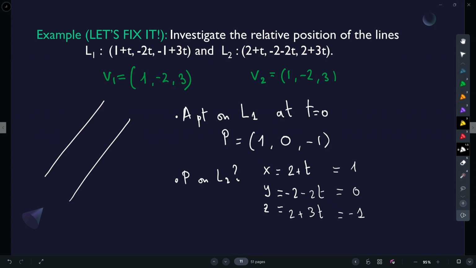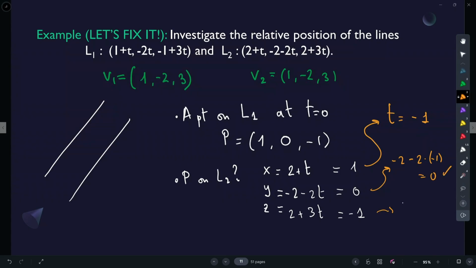So let's see. From this equation, I get that t is how much? Negative 2 plus t has to be 1, so t is negative 1, right? Does that satisfy the other ones? If I plug in t equals minus 1 here, I get minus 2 times minus 1, and that is minus 2 plus 2. That is 0.